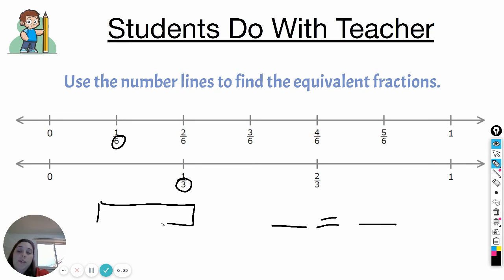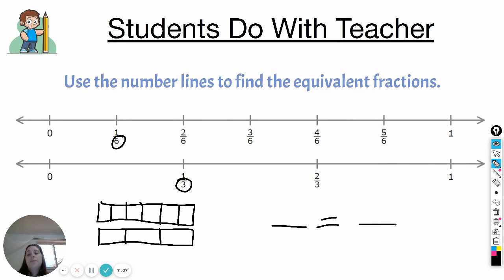So if you're getting out your fraction strip, you need the one broken into sixths, and you need the one broken into thirds. I'll give you just a moment to get all that ready.